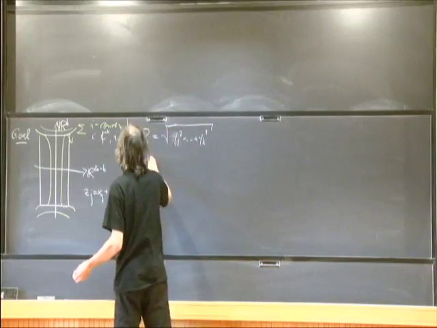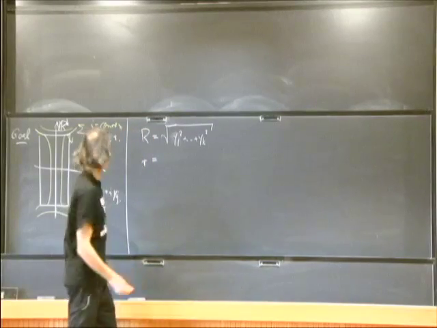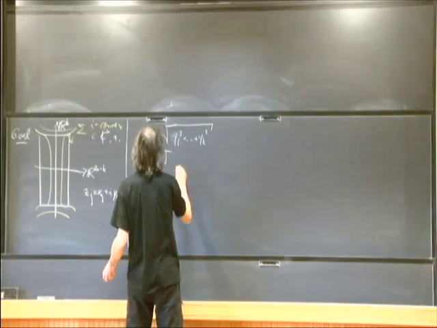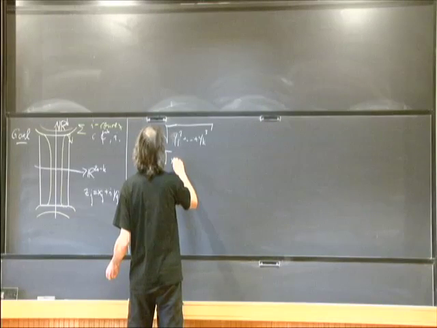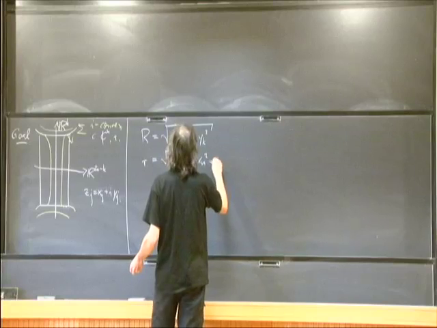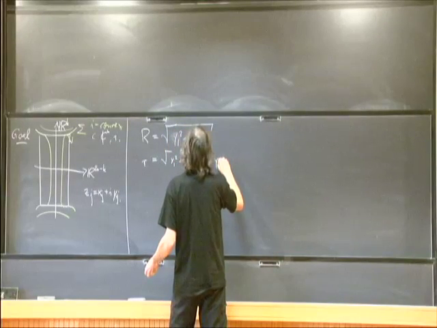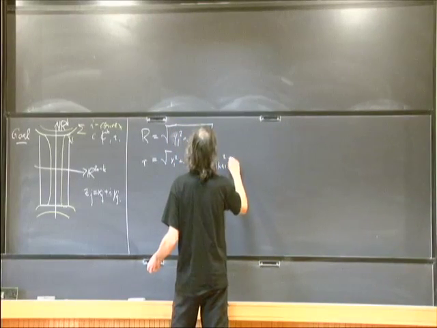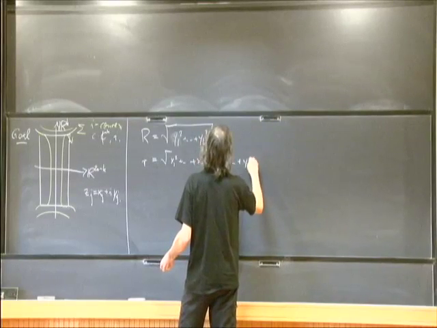And little r is all the other coordinates. So it's x_1^2 plus ... plus x_n^2 plus y_{k+1}^2 plus ... plus y_n^2.